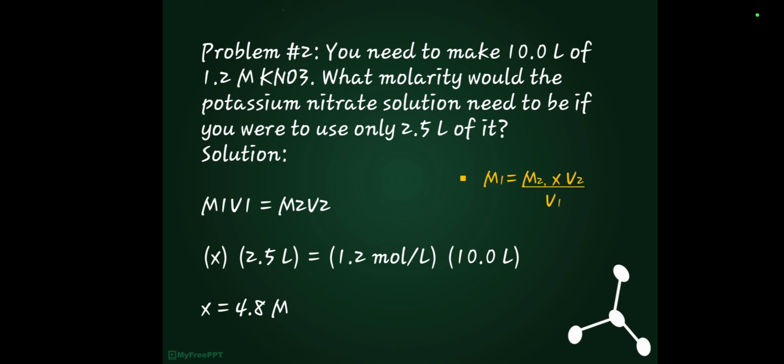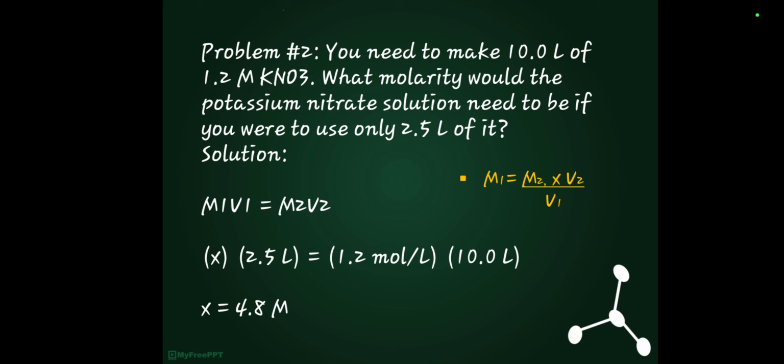So for the solution, let's go back to the constant formula, which is M1 V1 equals M2 V2. The unknown here would be the molarity of the concentrated solution, which is molarity 1. So let X represent molarity 1.